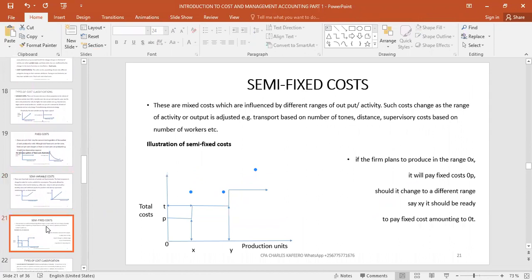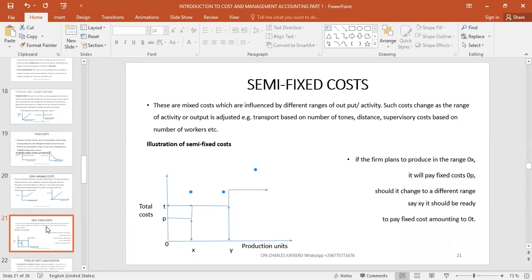These are mixed costs, which are influenced by different ranges of output. Such costs change as a range of activity or output is adjusted. It is the same thing I was telling you, that sometimes fixed costs change, and this is what it is, the semi-fixed costs.